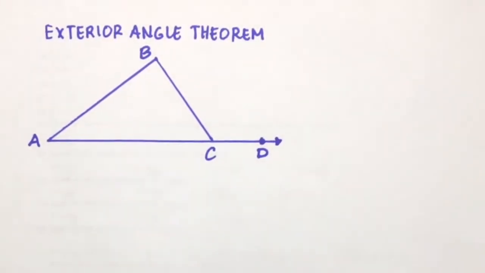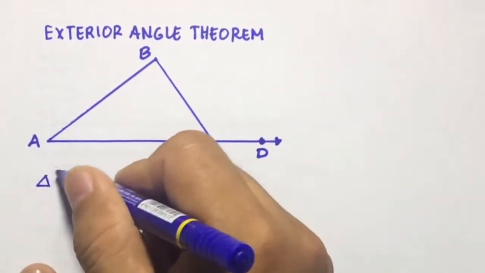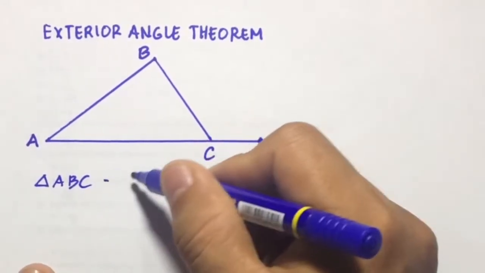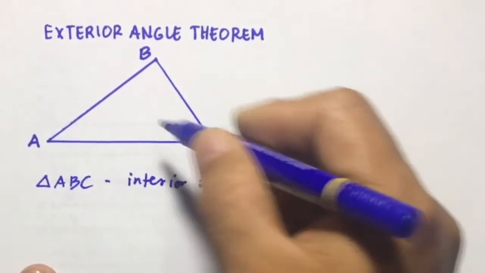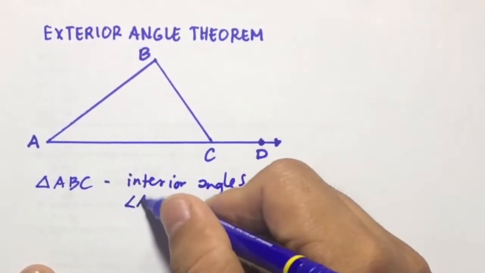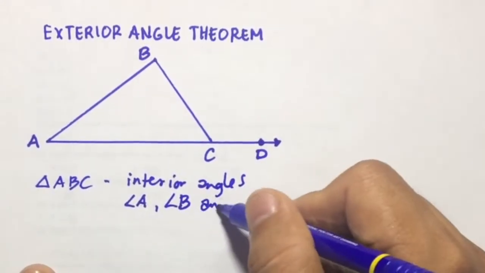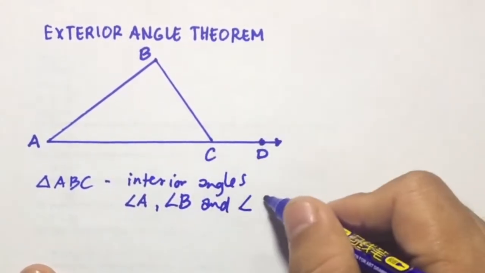Let's first have an illustration of a triangle here. We have triangle ABC. Its interior angles are angle A, angle B, and angle ACB.